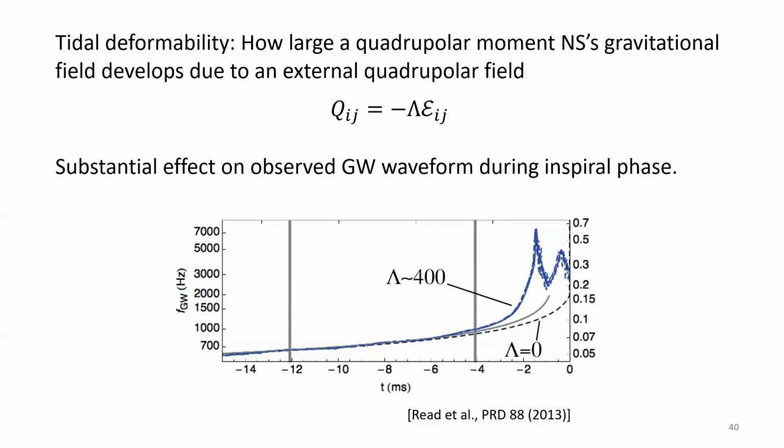It's a quantity that can be computed from the equation of state of neutron star matter, and one can then do simulations with tidal deformabilities of various sizes, and upon comparison with the measured in-spiral waveform, one can give lower or upper limits for this one parameter called tidal deformability, which is defined in such a way that if an object is immersed in an external quadrupolar field epsilon_ij, then minus lambda times epsilon_ij is the quadrupolar component that the star's own gravitational field develops, this Q_ij.